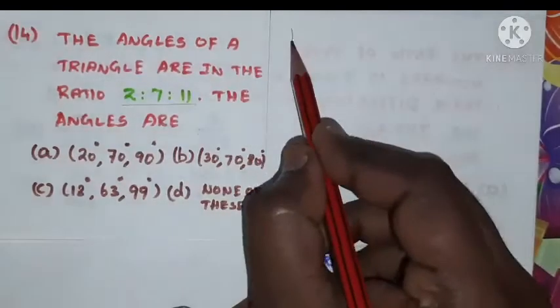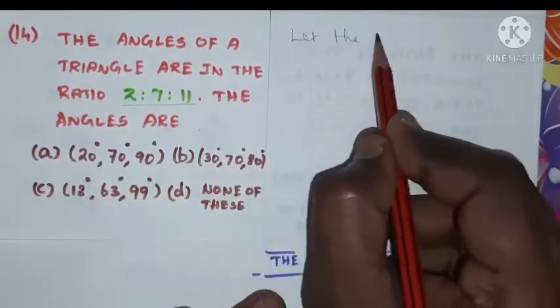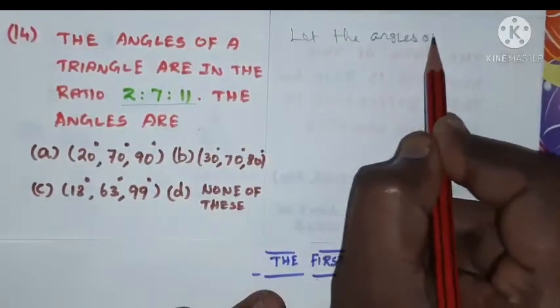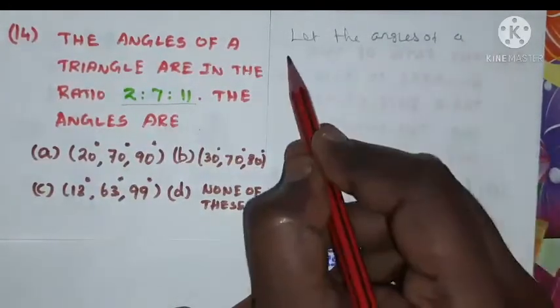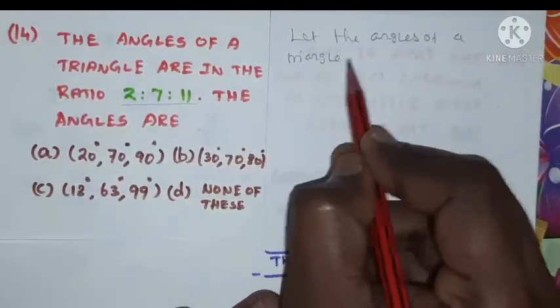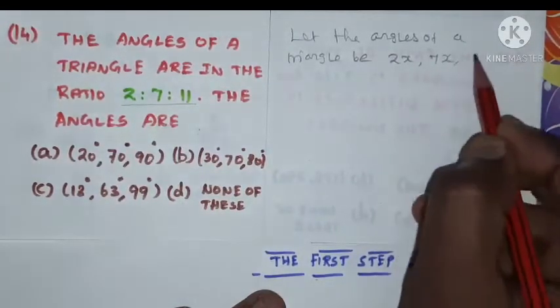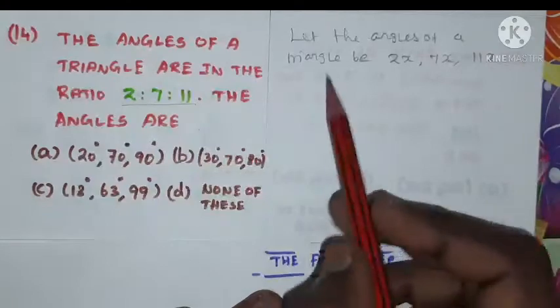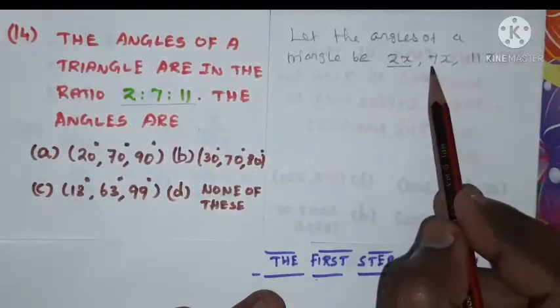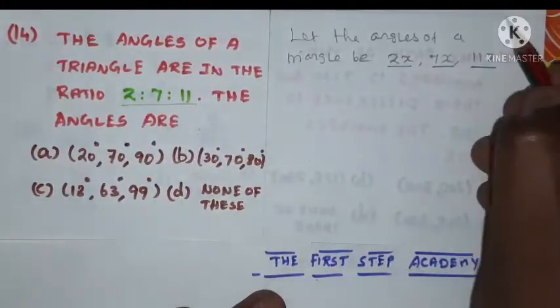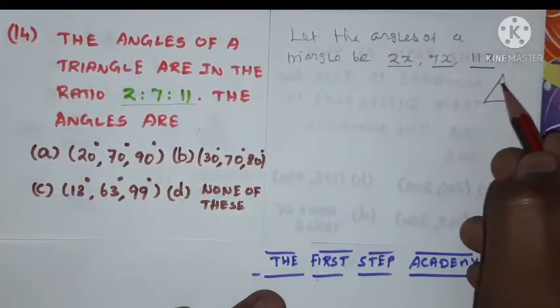Hence, let the angles of a triangle be 2x, 7x and 11x. According to the ratio, let the angles be 2x, 7x and 11x. We know a triangle has 3 angles.